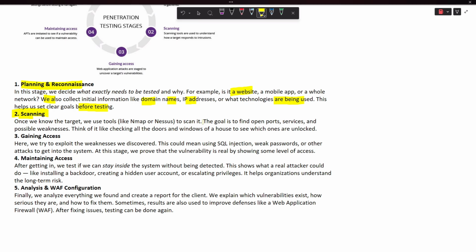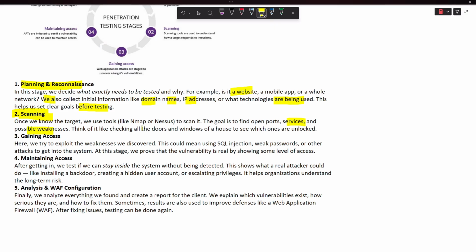Definitely the second phase will be scanning. Why do we scan it? To discover open ports, services, and possible vulnerabilities and weaknesses. This is the ultimate goal of scanning: to discover weaknesses in any website or web application, or let's say an app or a server.